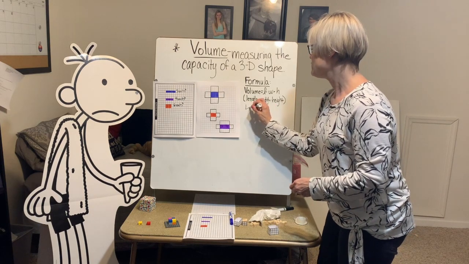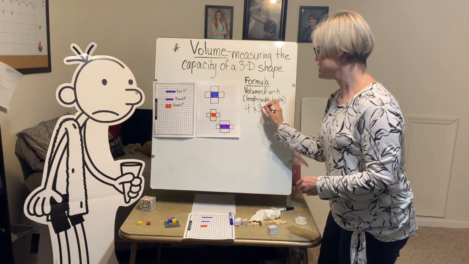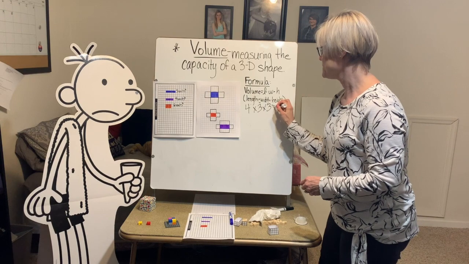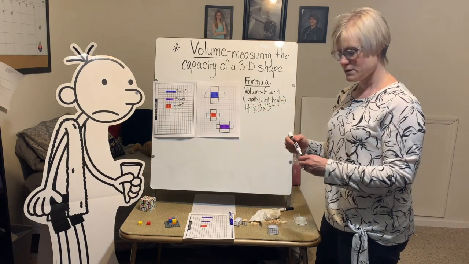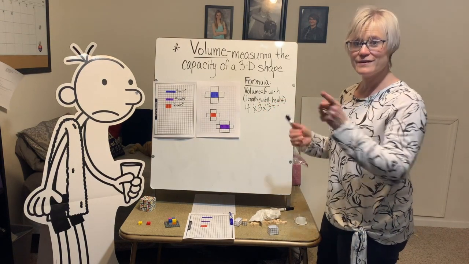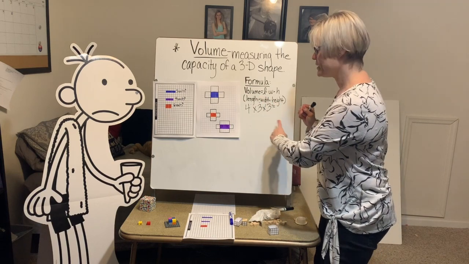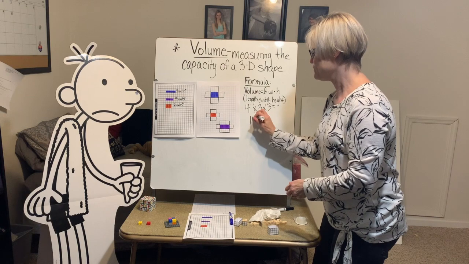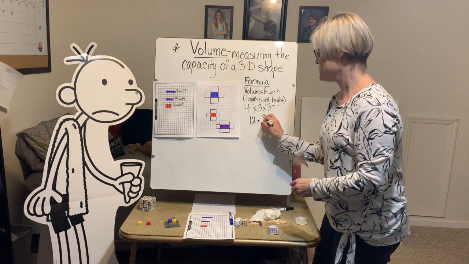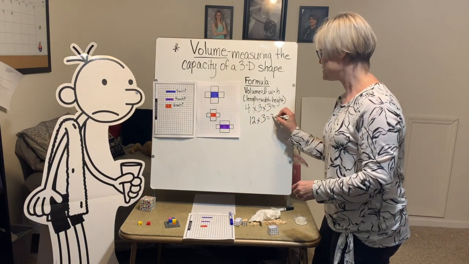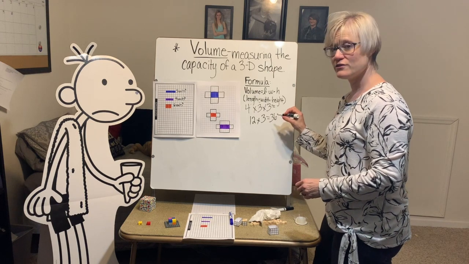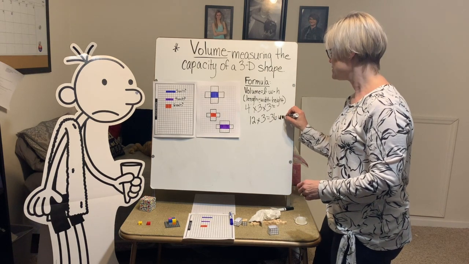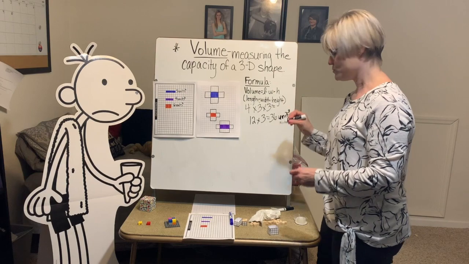So 4 times 3 times 3. All right, remember, multiplication left to right. So 4 times 3 is 12, times 3 more is 36. And it would be 36 units cubed.